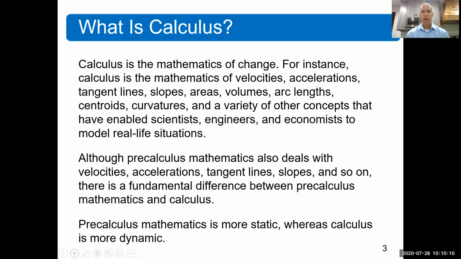Probably the biggest thing that you need to be aware of, and I'm not going to read all of this slide to you, is that pre-calculus and the other mathematics that you've taken before this class were more of what we would refer to as a static type of mathematics. You would find the area of a circle, or the value of a function at a point.